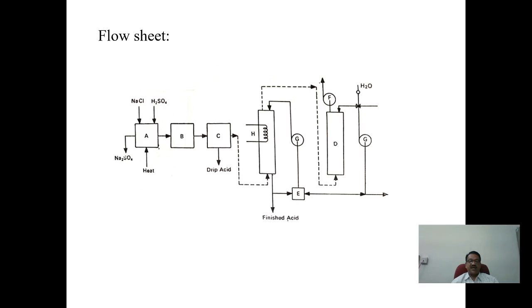It forms sodium bisulfate, sodium sulfate, and hydrochloric acid, and then it is sent to the gas cooler. B is the gas cooler and C is the coke scrubber.